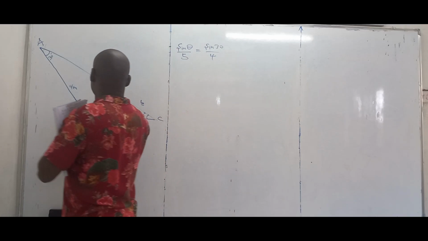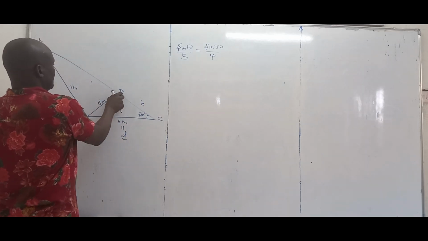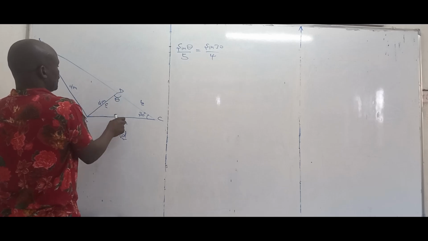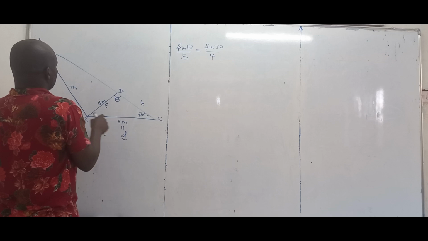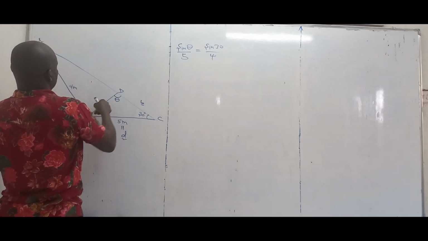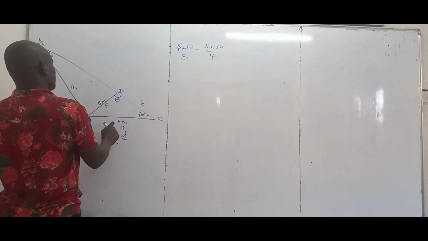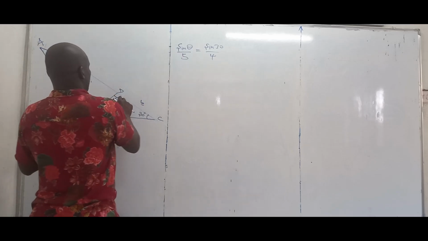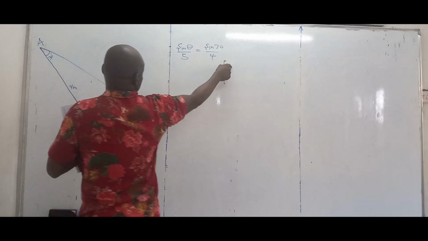Now we are relating it to the bigger triangle, where we are saying that should be equal to the sin of this over this. There are two triangles here. So sin of this over this is equal to sin of this over this.